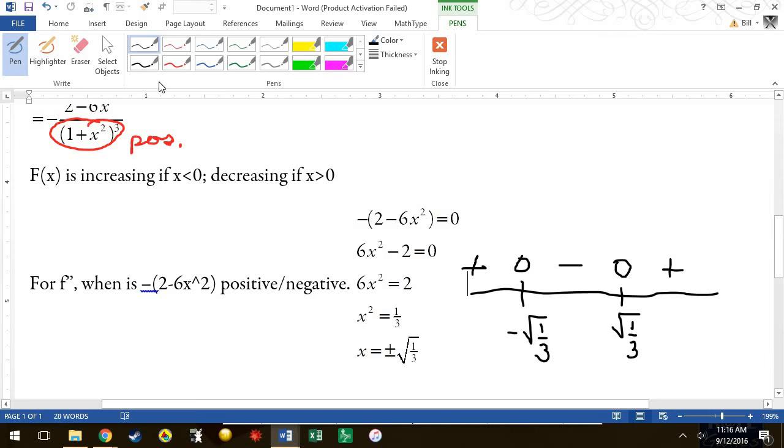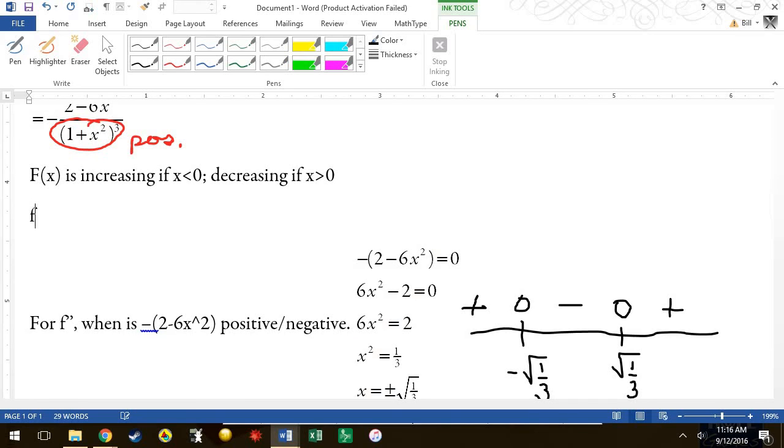So this enables me to answer the last part, which is it's concave up out here, and it's concave down here in the middle. So f of x is concave up on minus infinity to minus square root of 1/3.